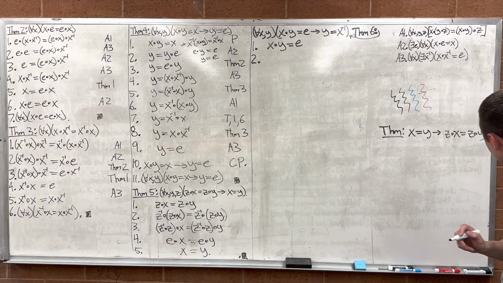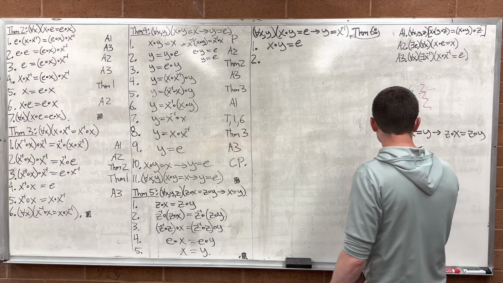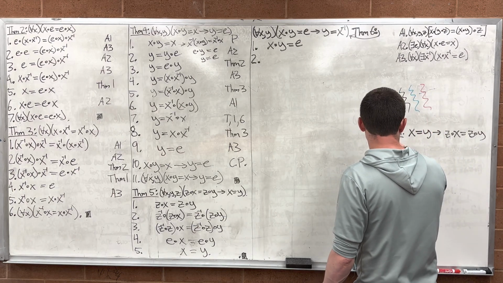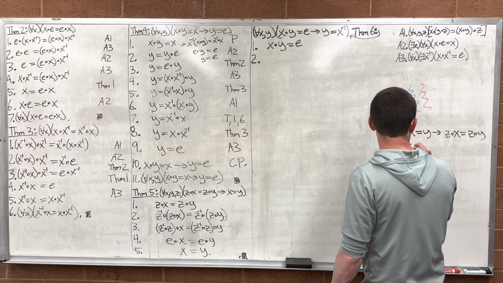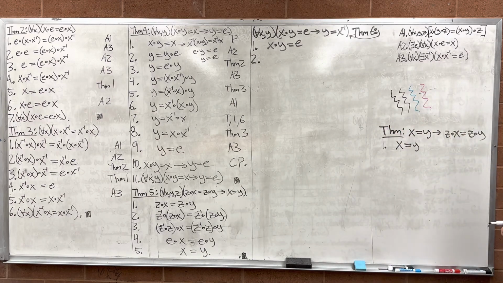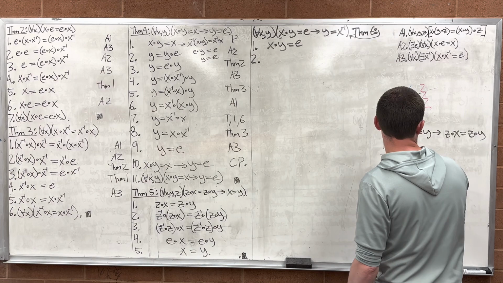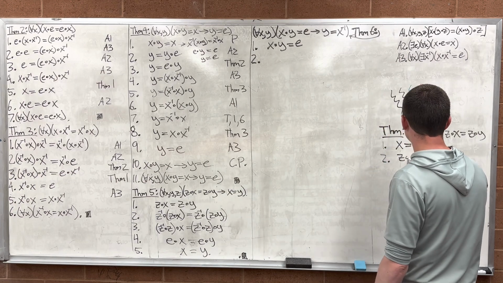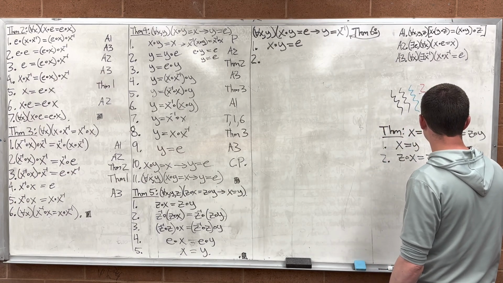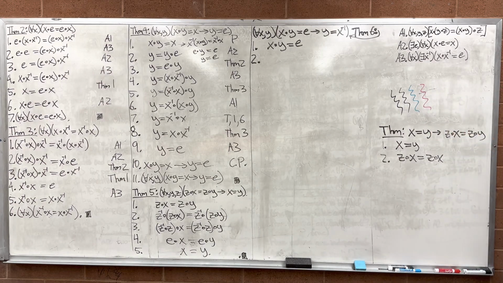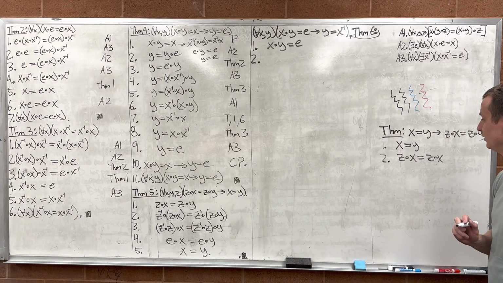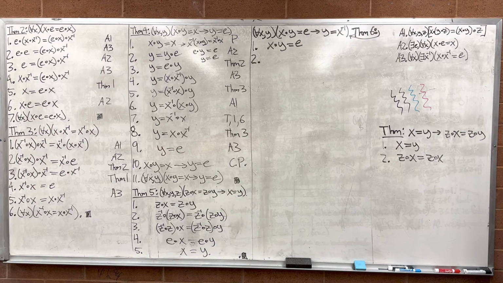Using just logic, we should be able to start with x is equal to y. Yeah, it's definitely true. Z compose x is equal to z compose x. That's using law of identity. I thought if two things are equal, then you can do an operator to both of them and it's still equal.